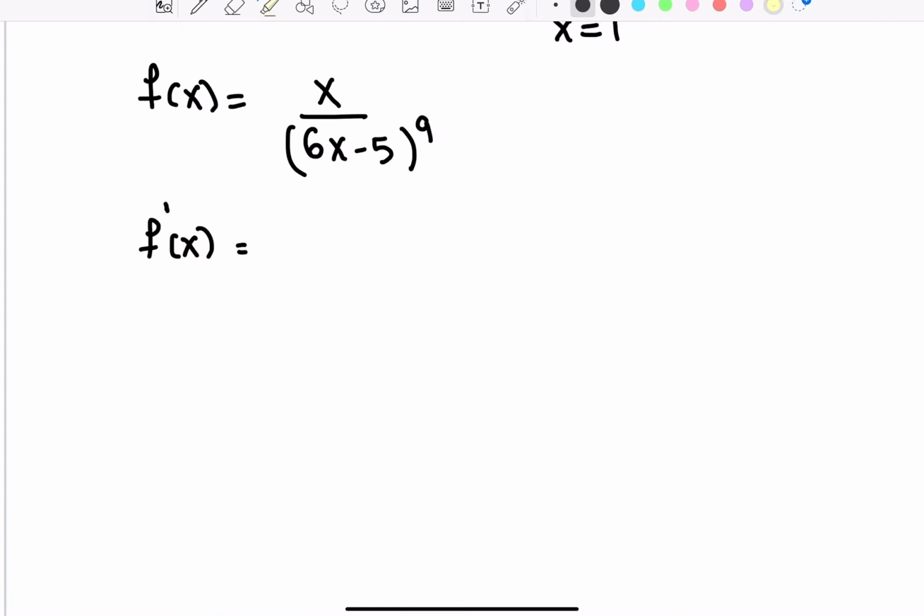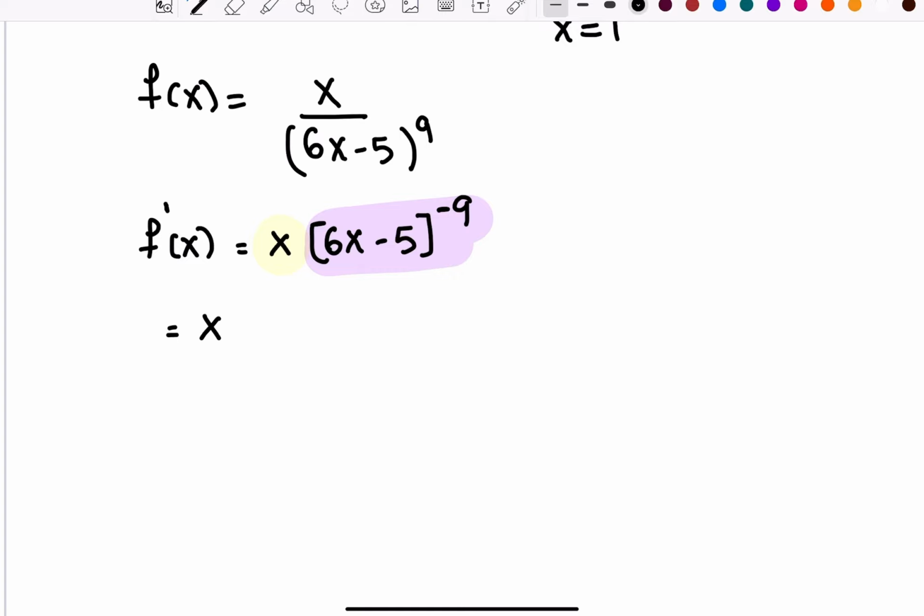So let me show you what that means. I'm going to rewrite this as x times 6x minus 5 to the power negative 9. Now one function is x and my other function is 6x minus 5 to the power negative 9. Now let's use the product rule.